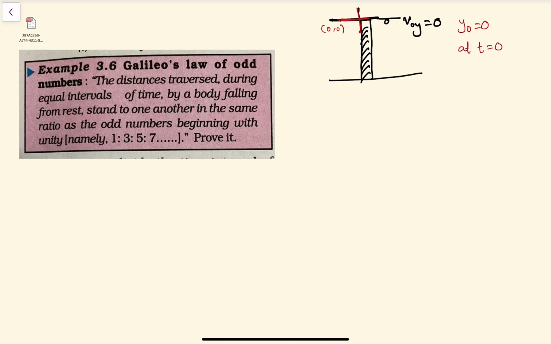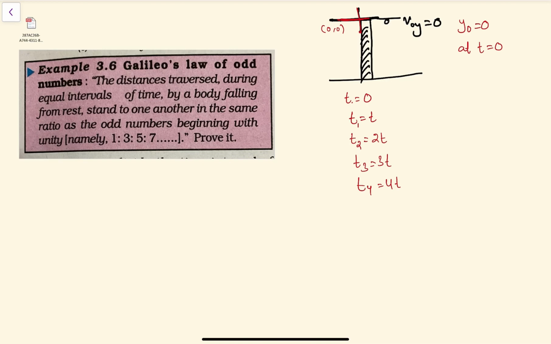Okay, let us say at time t is equal to 1 second, or you can substitute, let us say t1 is equal to t, t2 is equal to 2t, t3 is equal to 3t, t4 is equal to 4t.